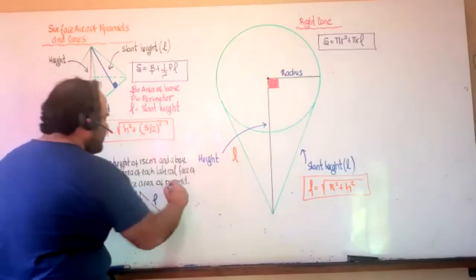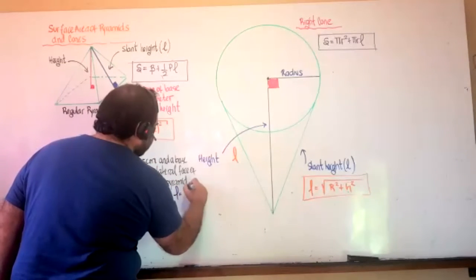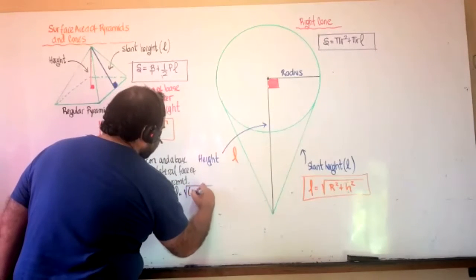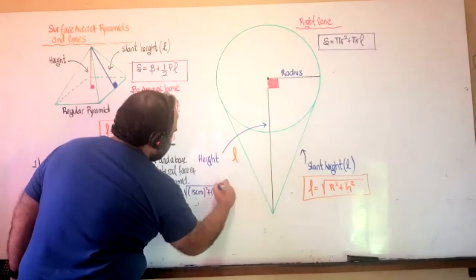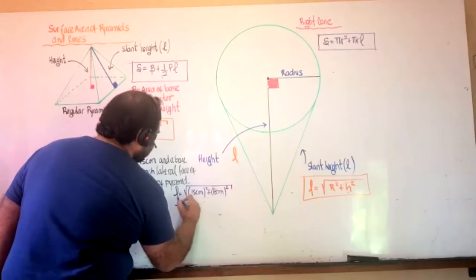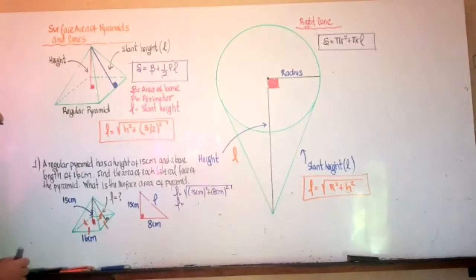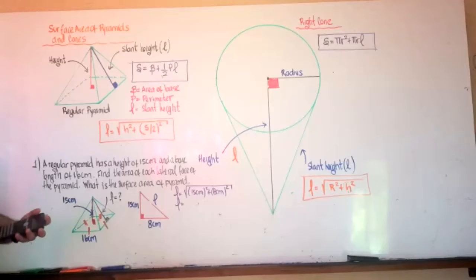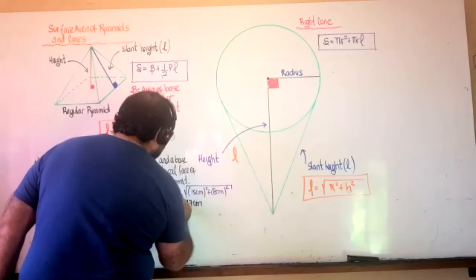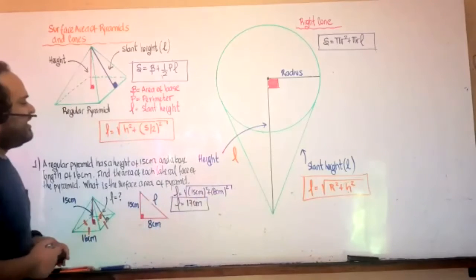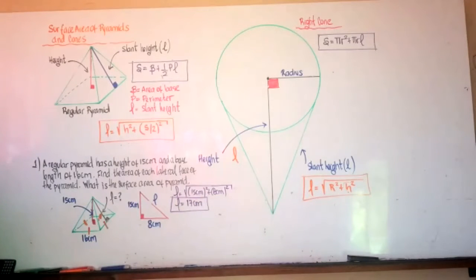For that reason, L will be equal to the square root of 15 centimeters squared plus 8 centimeters squared. So 15 squared plus 8 squared, the answer will be 17 centimeters. Okay, we know the slant height. Now we are fully prepared to answer those questions.